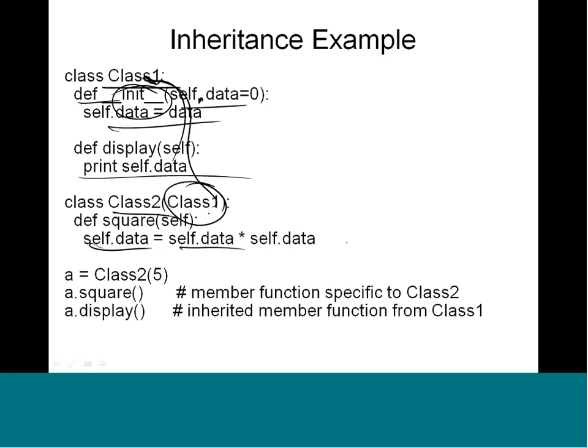One thing to note here is that since we define class 2 as inheriting from class 1, it gets all these things. Even the print or display command is also there.